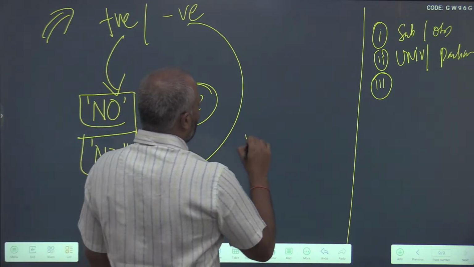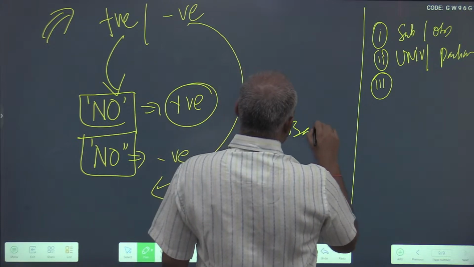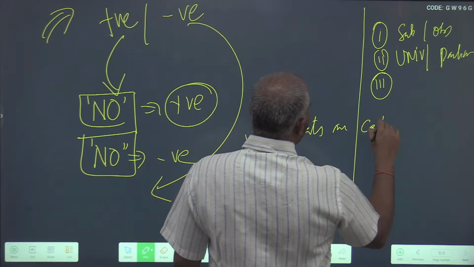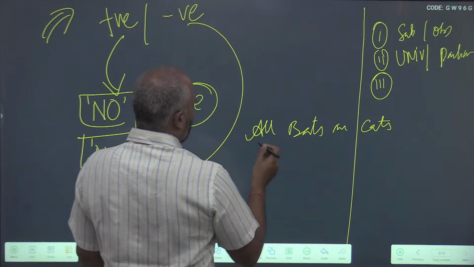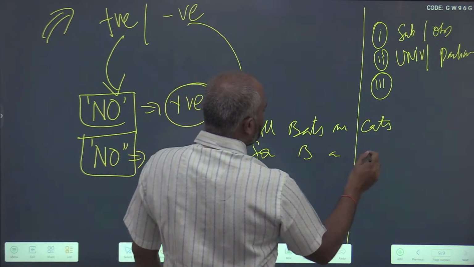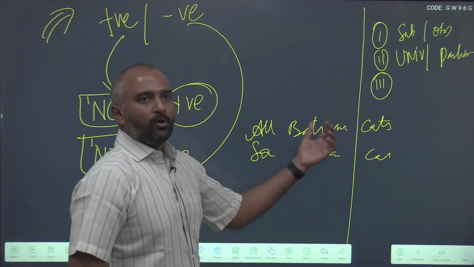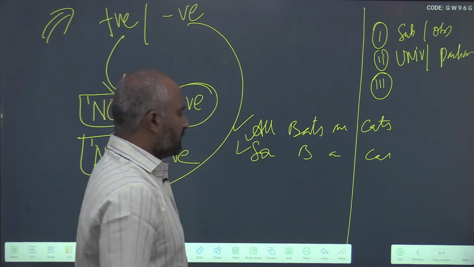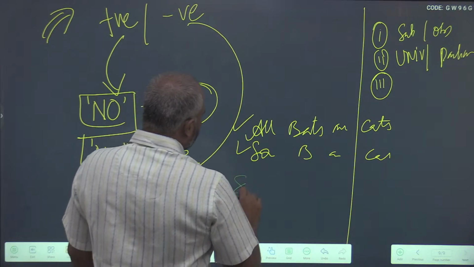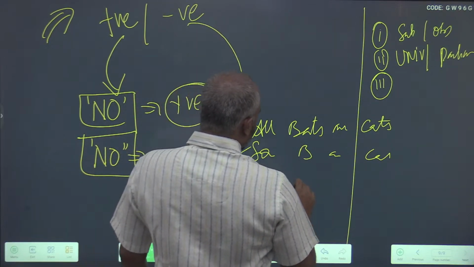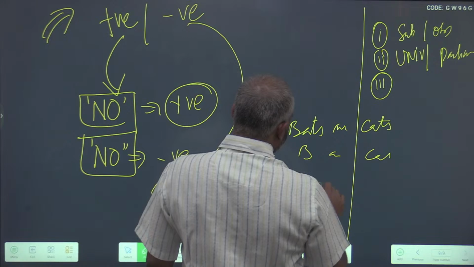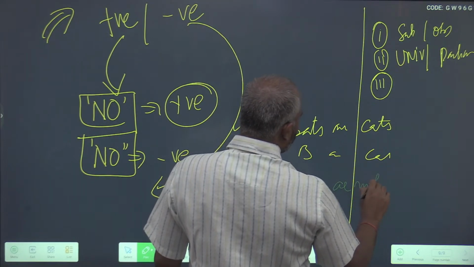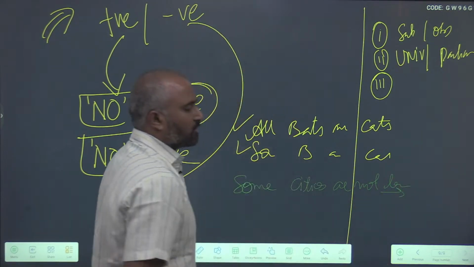For example, all bats are cats, or some bats are cats. No negative here, that's why both are positive statements. Next, some cities are not clean.